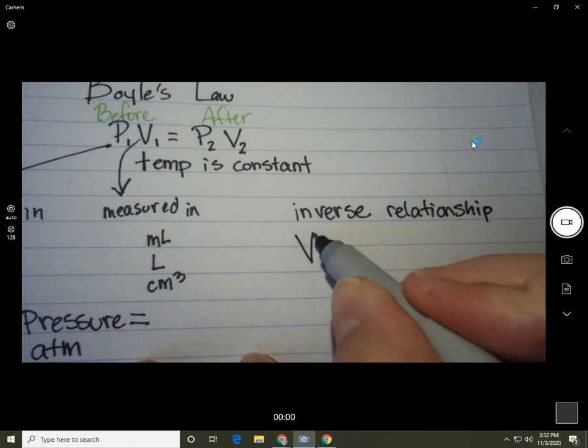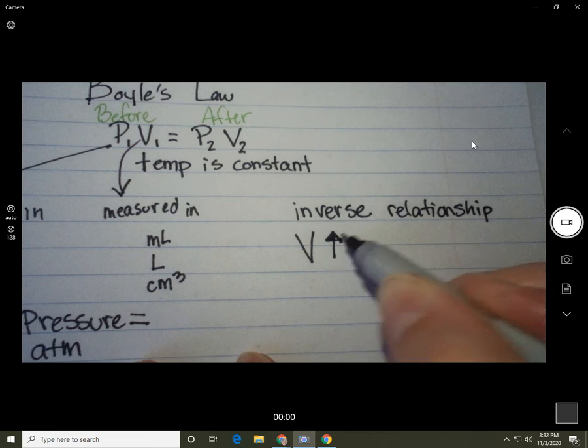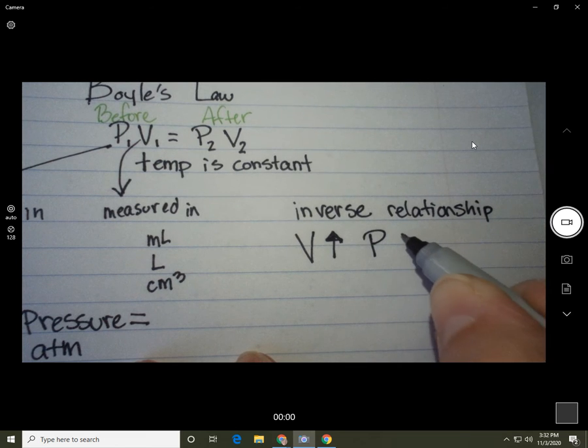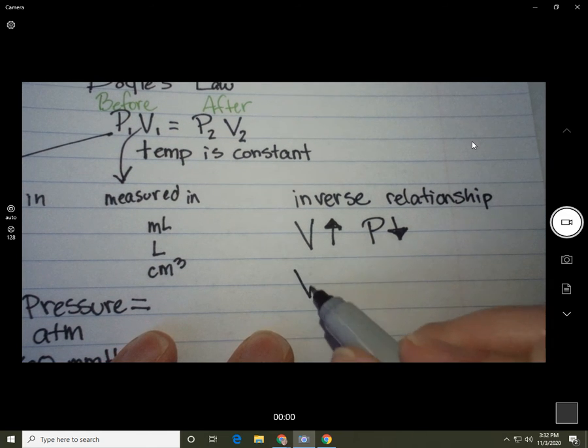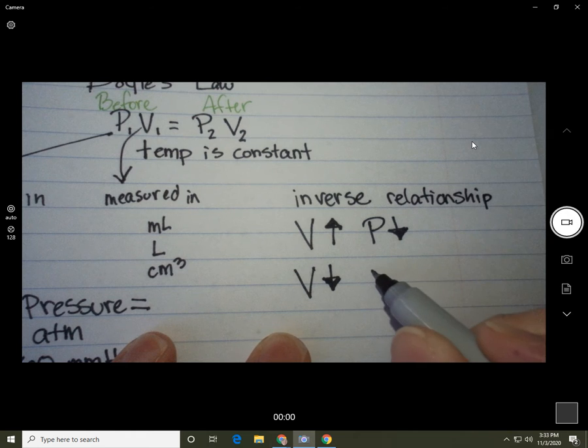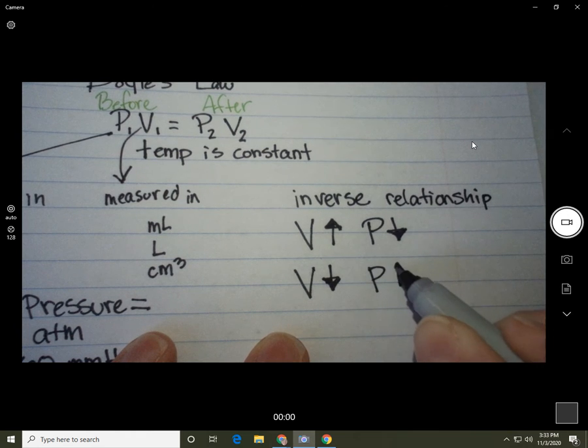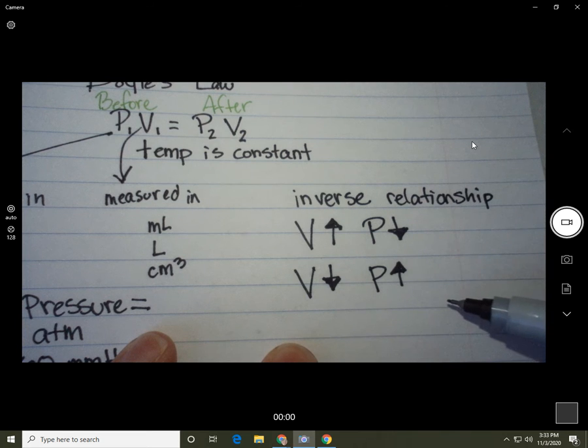So if volume goes up, then pressure goes down. If volume goes down, what does pressure do? Pressure goes up.